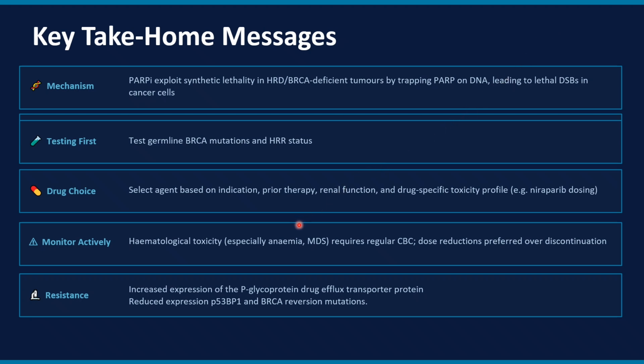Drugs are chosen based on prior therapy, renal function as well as drug toxicity profile, and we look for hematological toxicity, especially anemia and MDS AML. Regular CBC is required, and regarding resistance, there is increased expression of the P-glycoprotein drug efflux transporter protein, reduced expression of P53 binding protein 1 and BRCA reversion mutations.